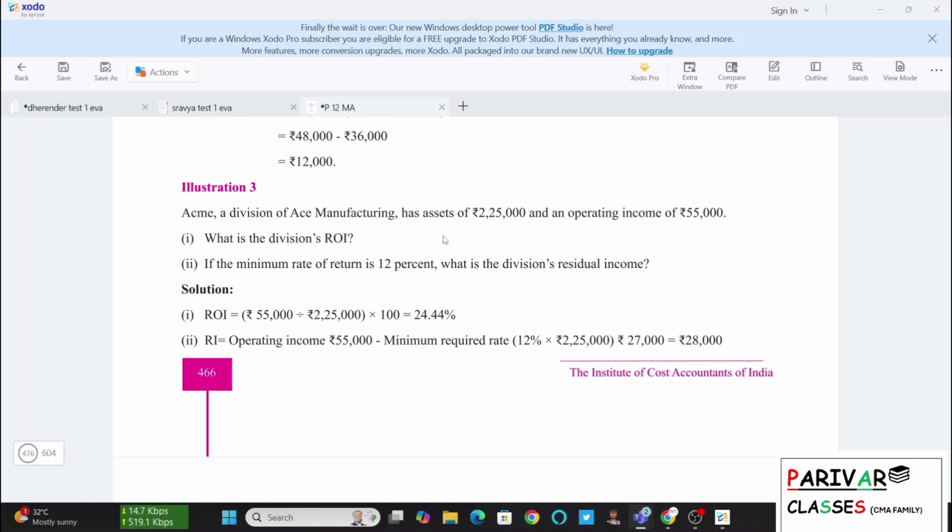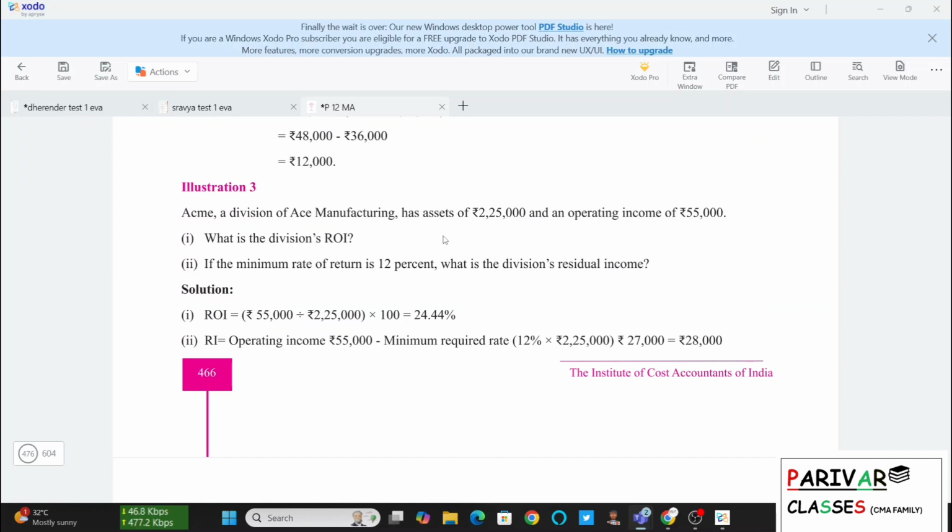This will not be recorded in the class, only my audio will be recorded. So, Dhirendra, what is ROI? ROI అంటే ఏంటిది? రిటర్న్ ఆన్ ఇన్వెస్ట్మెంట్ అంతేనా? Is it clear?